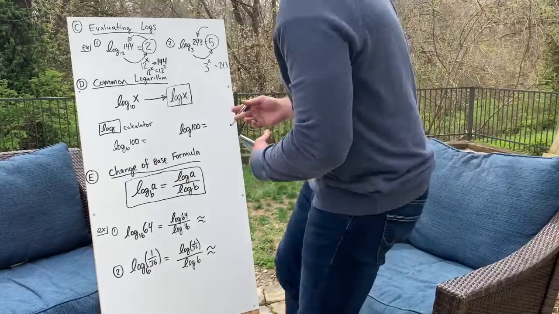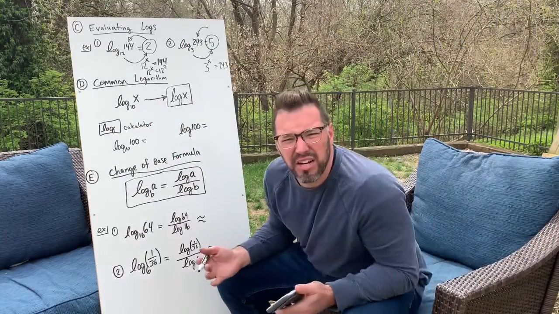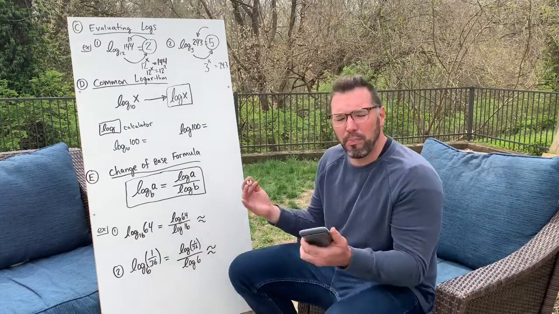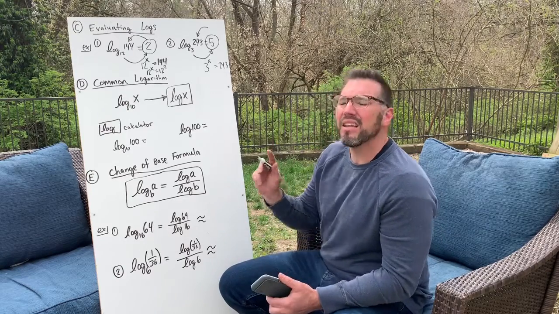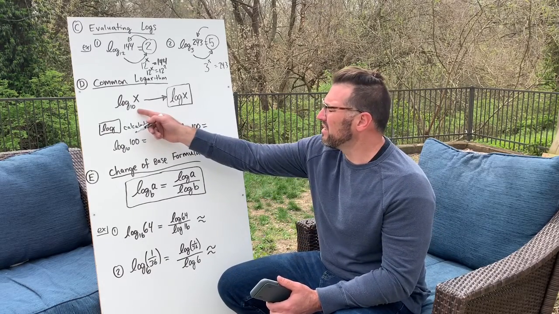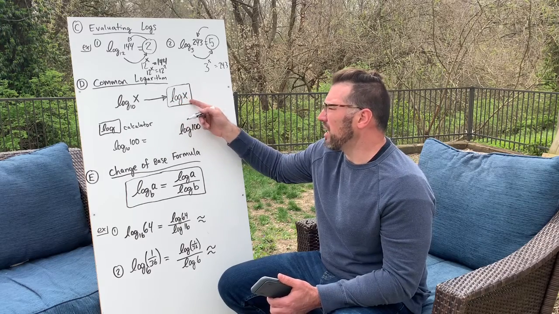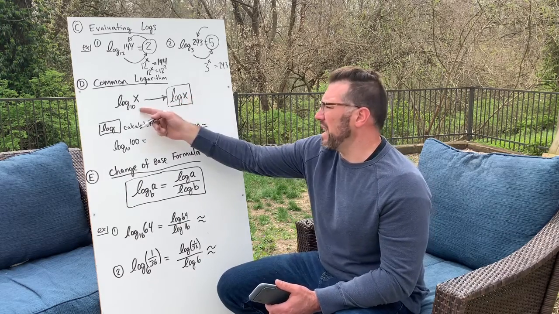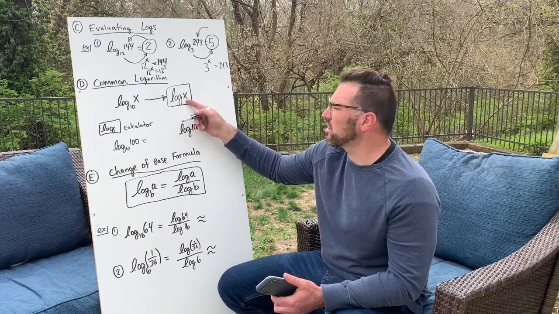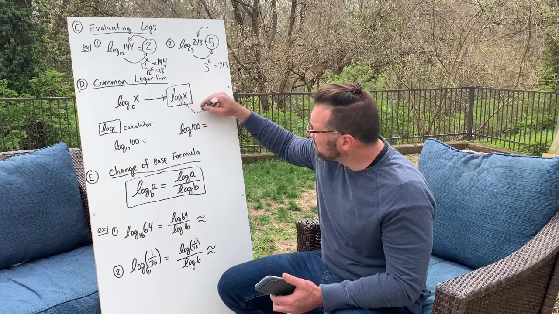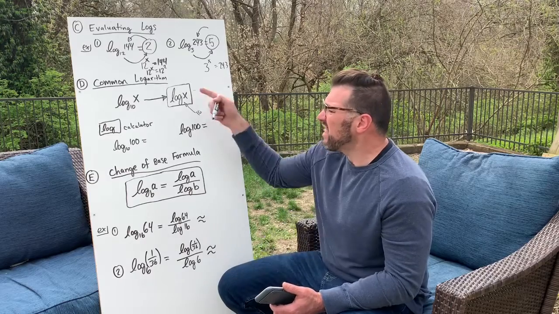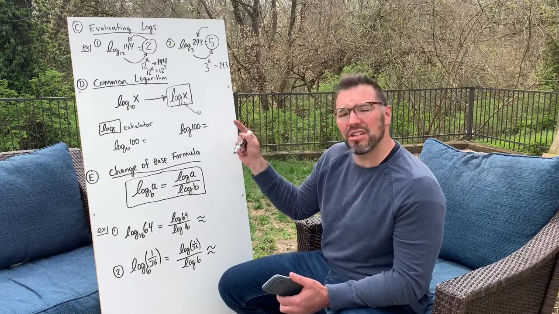Well, they can't put every single base in the calculator, right? Because there's so many numbers that you could put for the base. But the common log with base 10, the way we write it is just log of something. We drop the 10 because if you don't see a base, you should assume that it's the common log, which means the base is 10. This button is in your calculator.